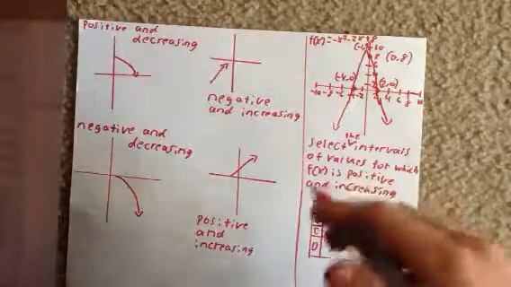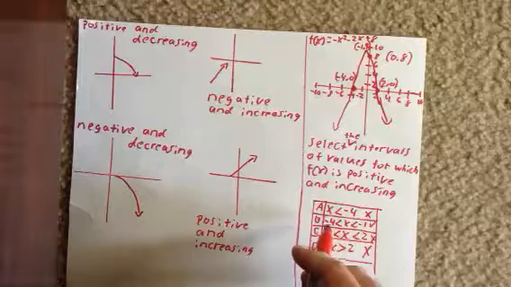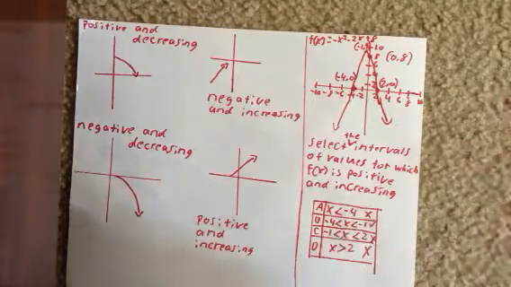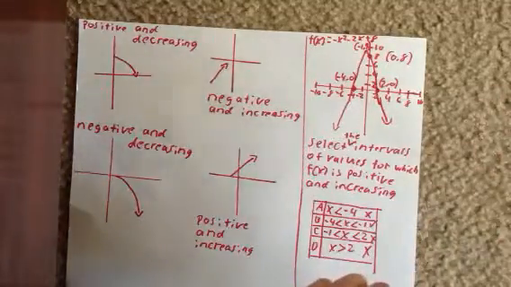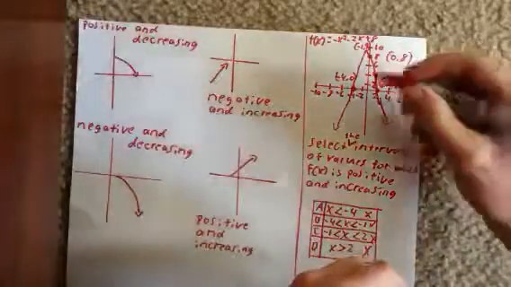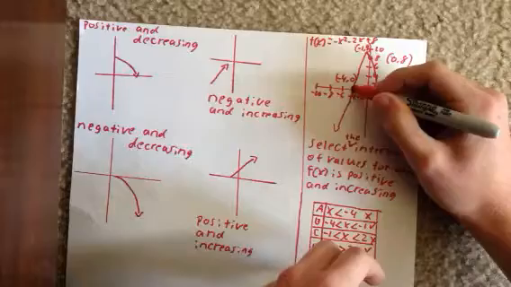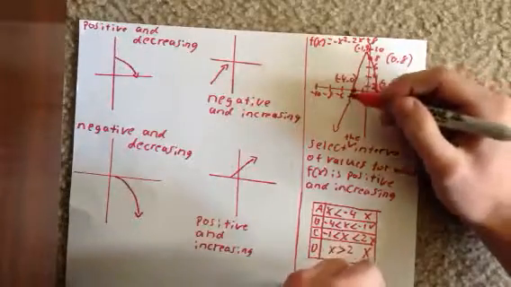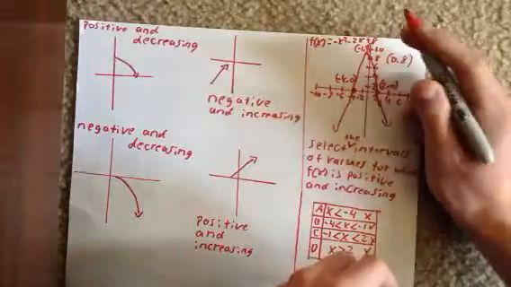But notice how it doesn't say less than or equal to or greater than or equal to. It does not have that little line under it, because right at this point, it is not positive. Everything above it is.